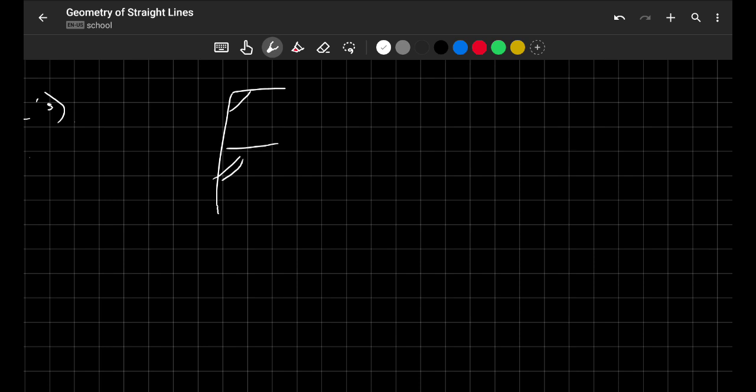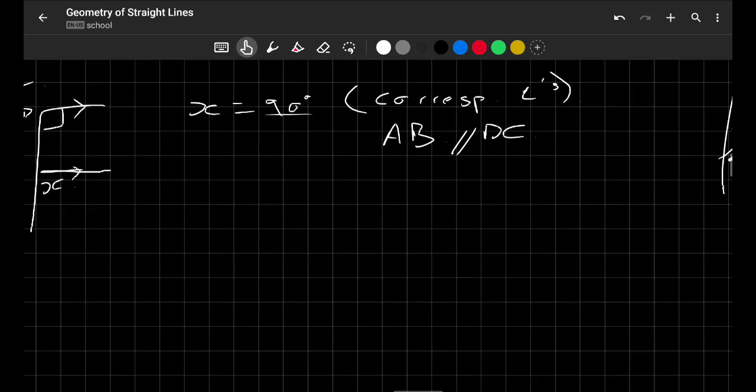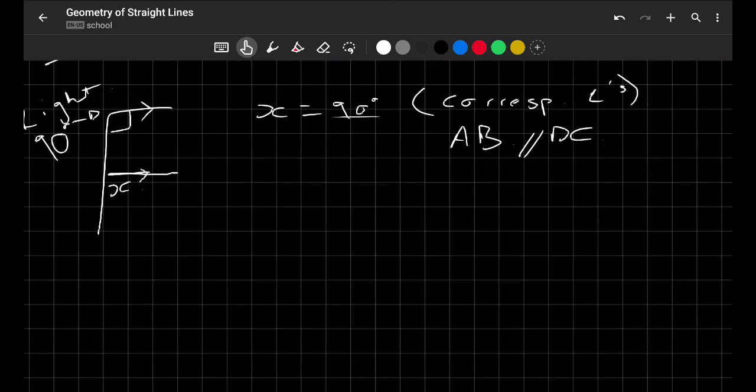If they tell you that these two angles are equal, but they don't tell you that these two lines are parallel, then just because of that, these two lines are parallel, right? Equal angles create parallel lines, in the same way that parallel lines create equal angles. I hope that makes at least 10% of sense.